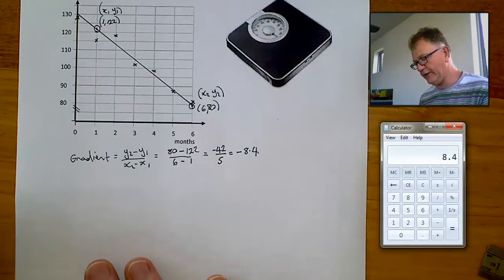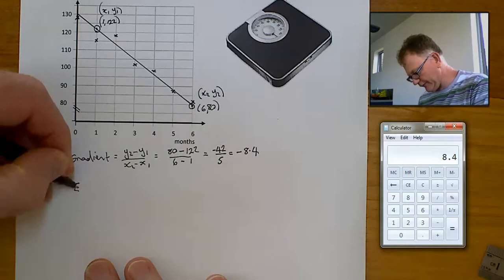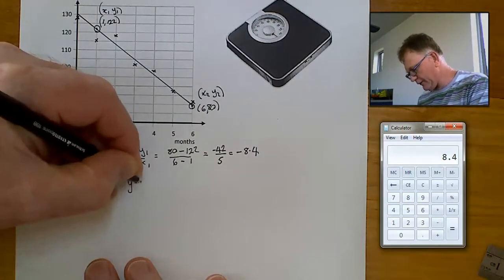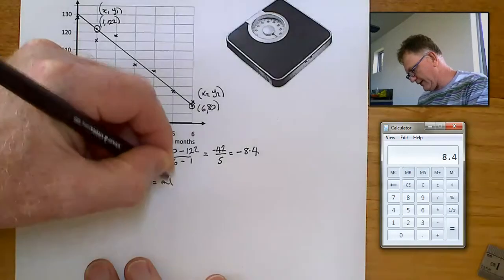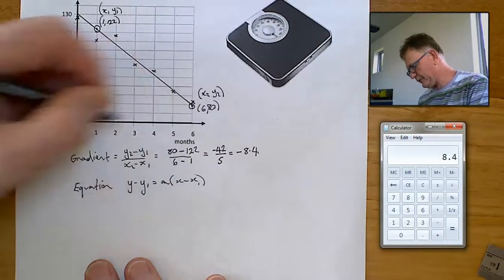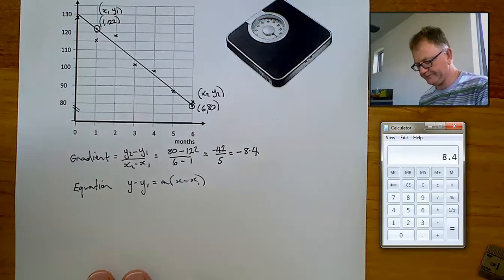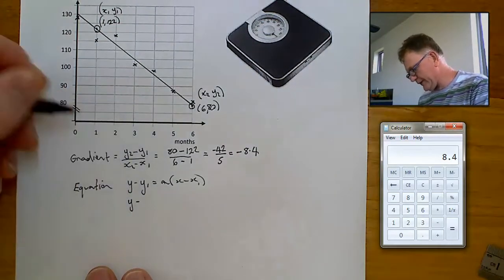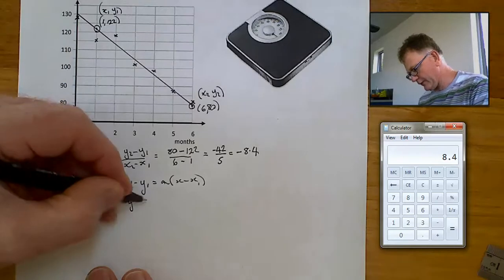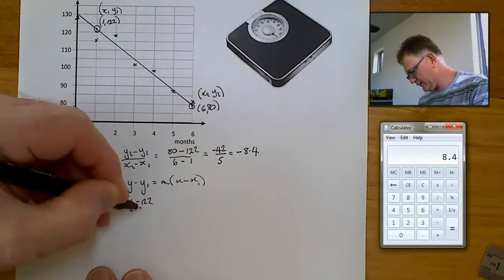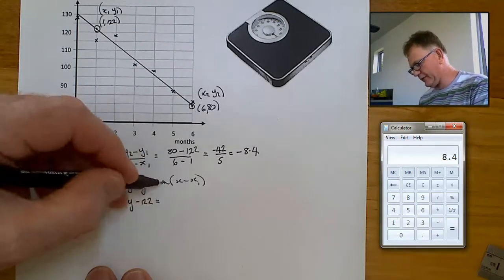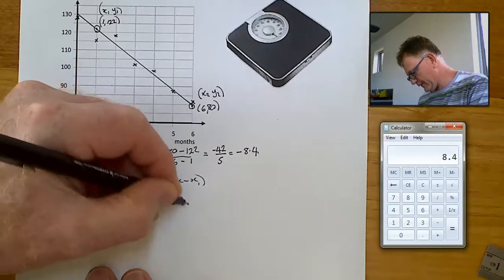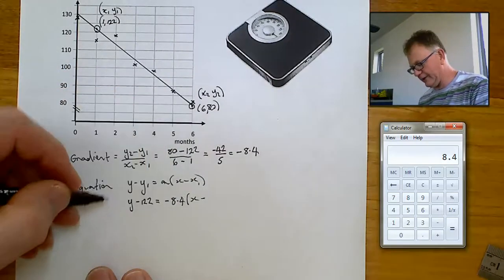Now that I've got that, I can use the equation y minus y1 equals a times x minus x1 to work out the equation between the points. So I've got y minus y1 was 122, equals a is the gradient, negative 8.4, x minus x1 is 1.